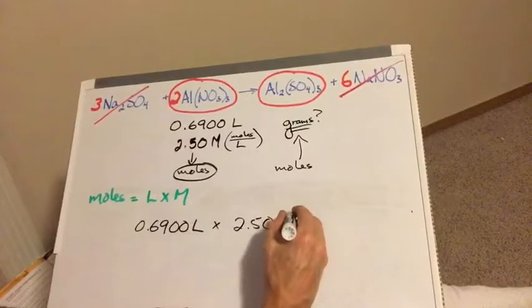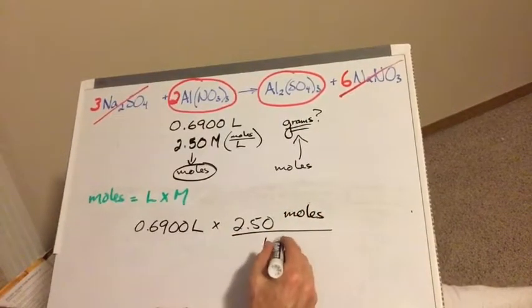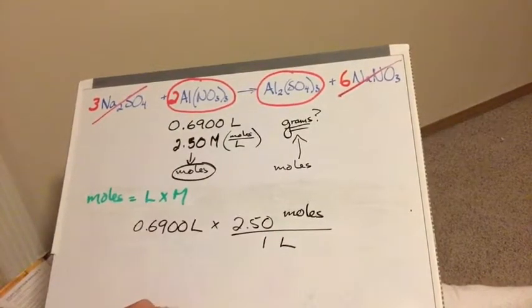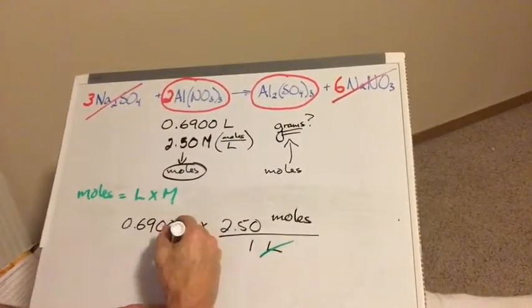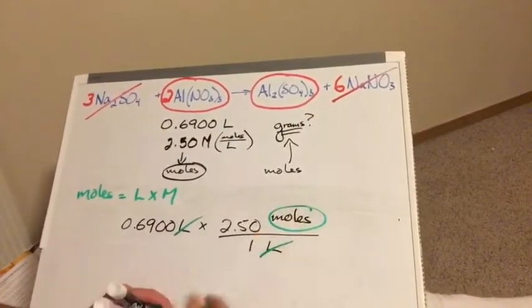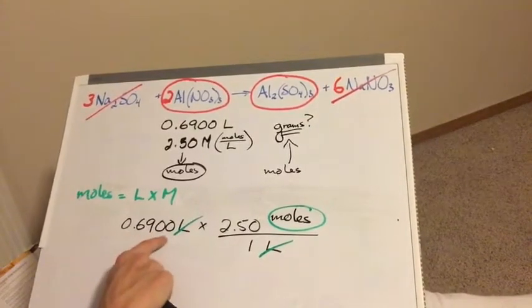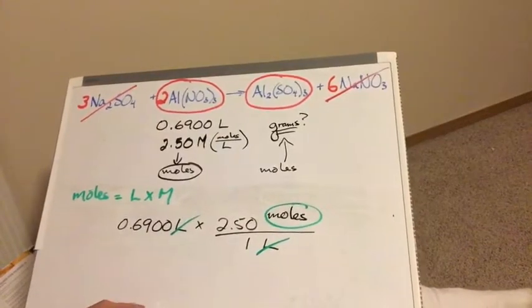I'm going to put moles divided by 1 liter. And you can see what I'm doing here. Basically, I'm going to take the liters out of the equation and end up with moles for my answer. Liters, 0.6900 times 2.5, and then come up with moles. I'll do that calculation now.